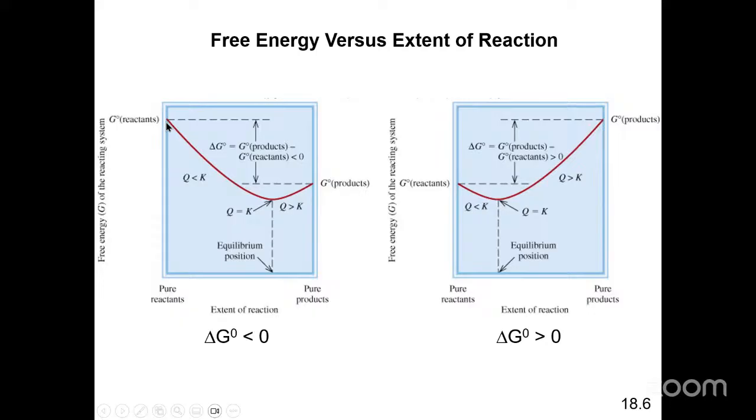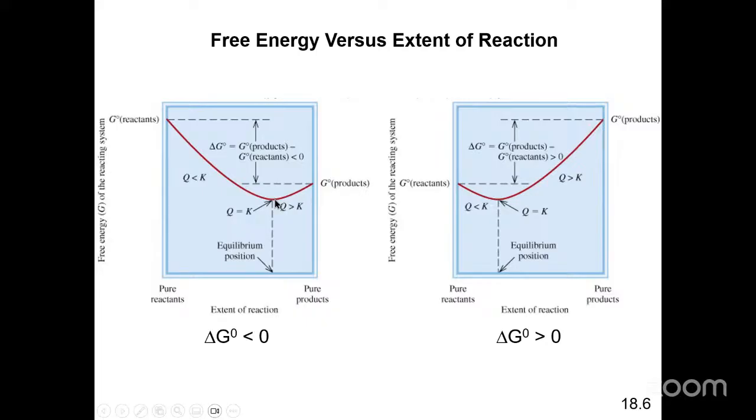And by the way, in this particular situation, the reaction quotient would be less than K. And if you remember what we discussed when we were first introduced to the reaction quotient, we said that if Q is less than K, that means that in order for equilibrium to be achieved, the reaction would have to shift to the right in order to increase the value of Q so that it's equal to K. And that's exactly what's happening here, right? The reaction is going to shift to the right, and therefore the Q value will increase until it becomes equal to K, right? So this would be the minimum energy achieved at the equilibrium of this particular system, right?